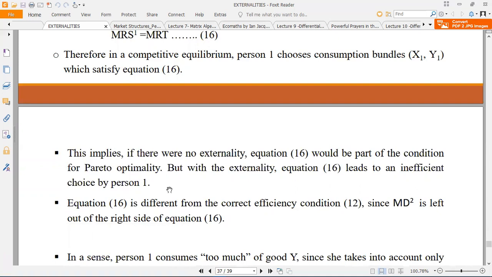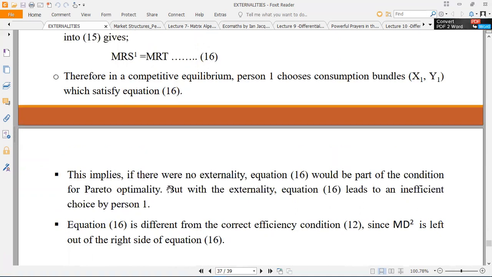So it doesn't actually produce an efficient allocation. That is why we say externalities cause market failure. They don't efficiently allocate resources. You are supposed to consume less than what you consume under perfect competition. But in the first analysis that we did, the marginal damage was actually taken into consideration.